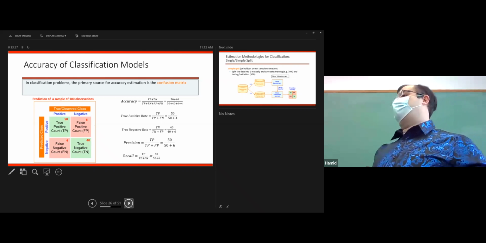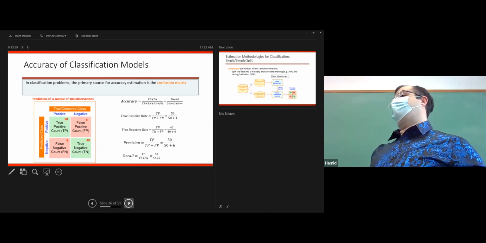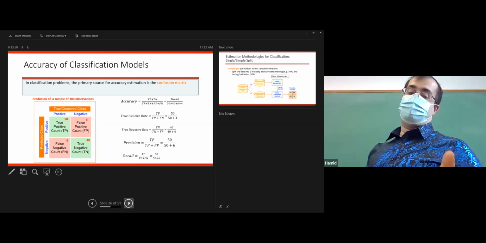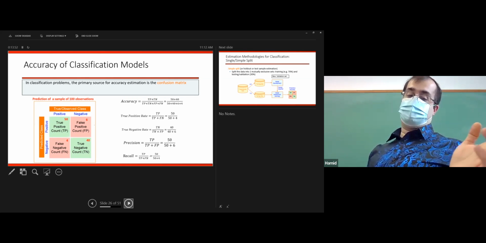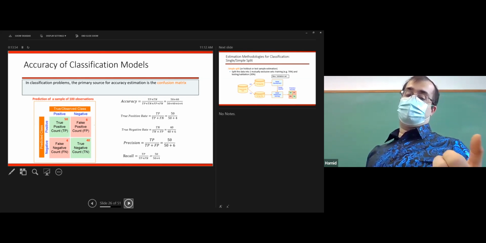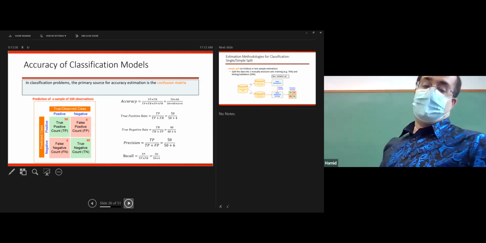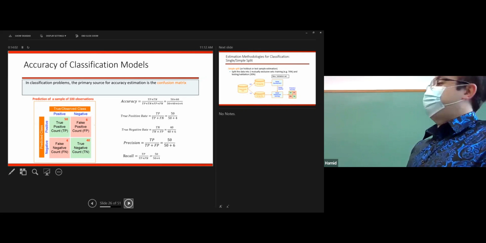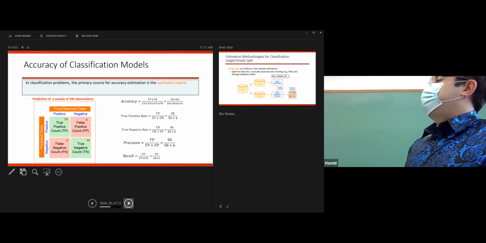So we talk about model evaluation. If we want to see if we are confident about the model's outcome, these are some general performance measures: accuracy, true positive rate or sensitivity, true negative rate or specificity, precision, and recall. Each of those red numbers that you see is just an example.